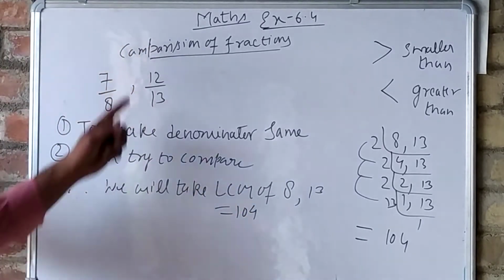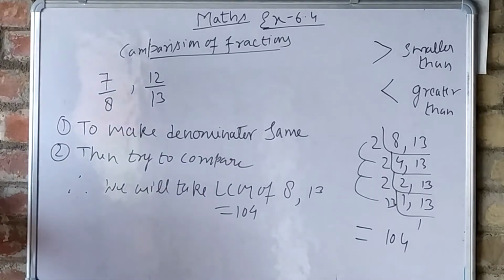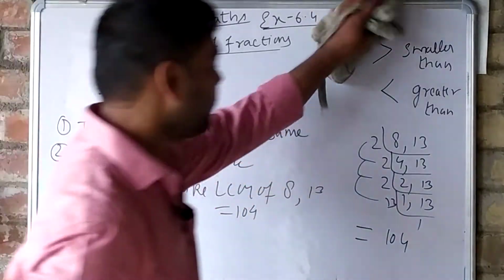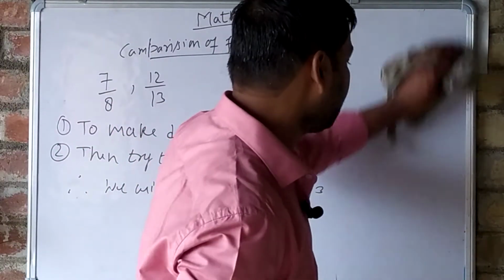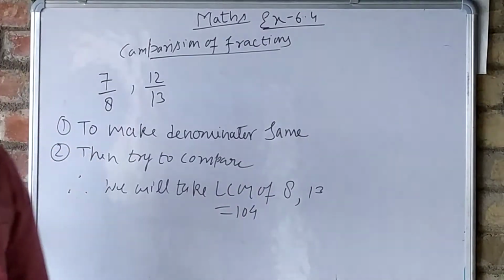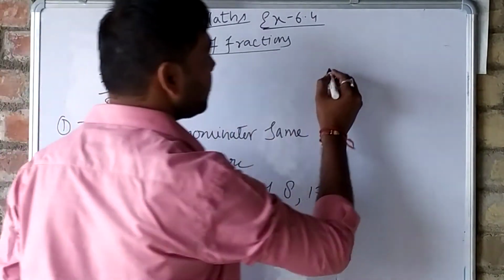Now 7/8 and 12/13. What we will do? We will try to make the denominators same. So see here, 7/8.